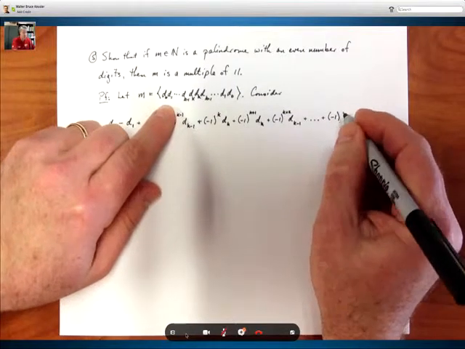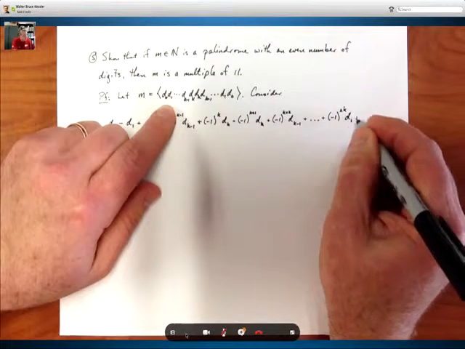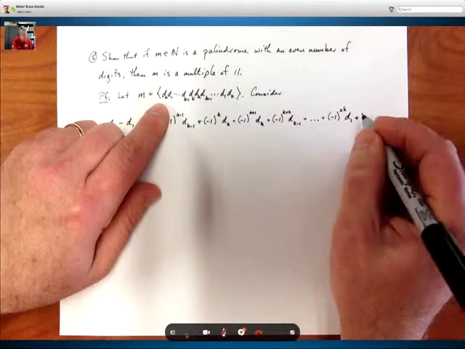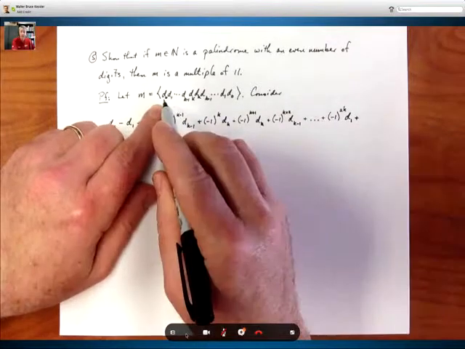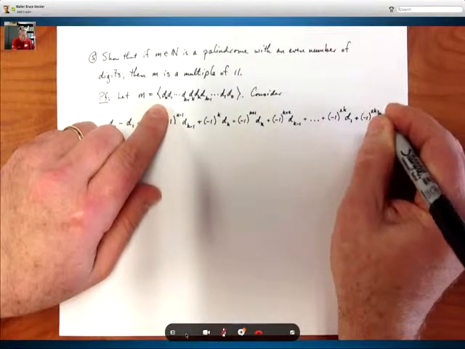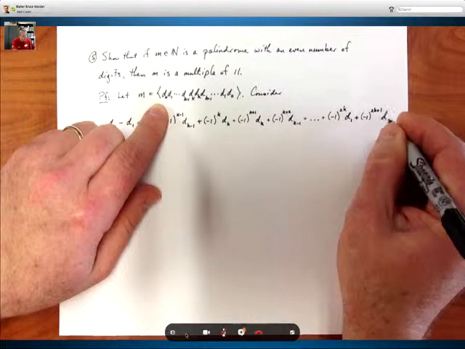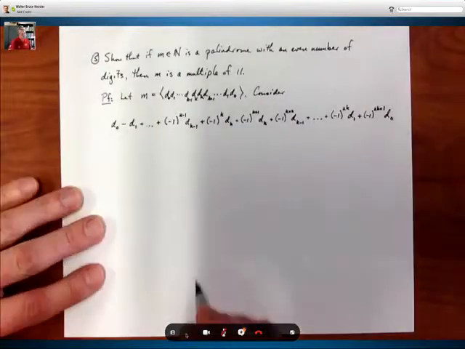So 2k plus 1 minus 1, that's 2k. We've got D to the 1. And then 2k plus 2 position here, minus 1. So negative 1 to the 2k plus 1, and that's the D0. Okay?